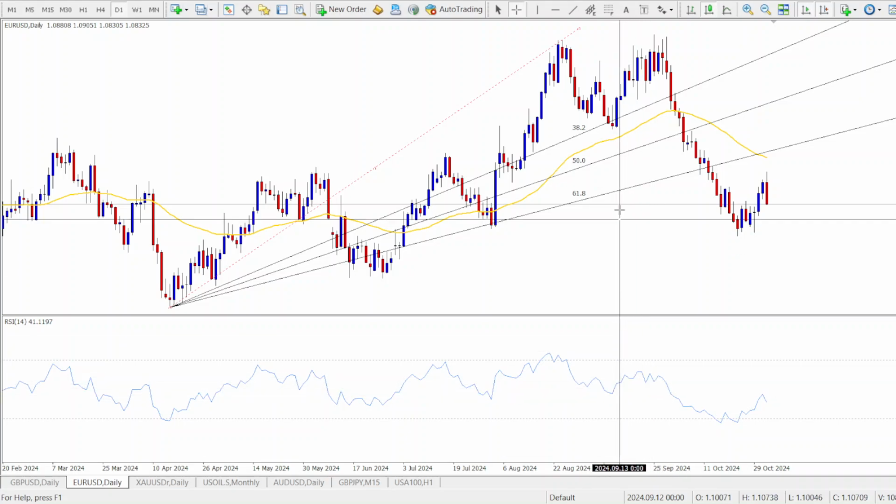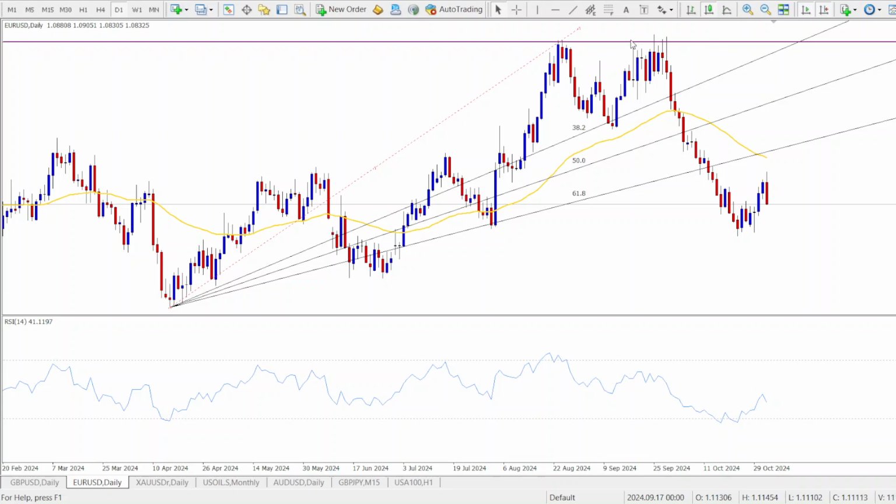This would have been a great opportunity to enter a buy trade, and your take profit will be ideal at the nearest resistance level. Your stop loss can just be below the nearest support level or below that swing low. So we would have taken our stop loss here and take profit here, and we would have gotten about 146 pips. That's a good catch.